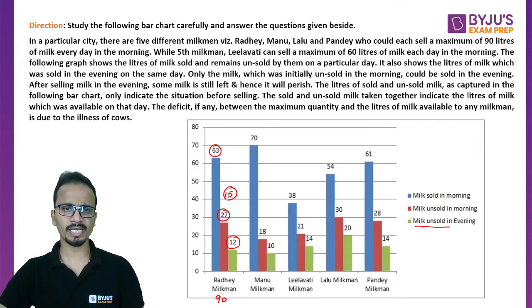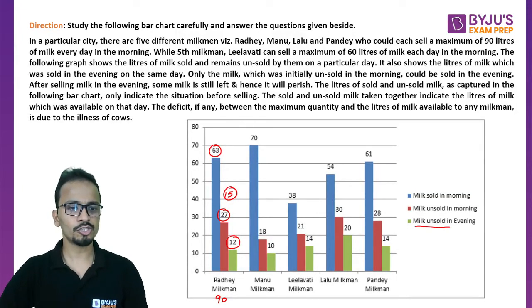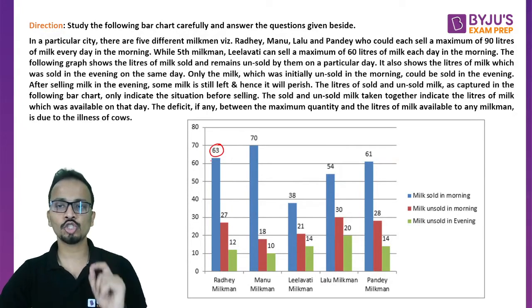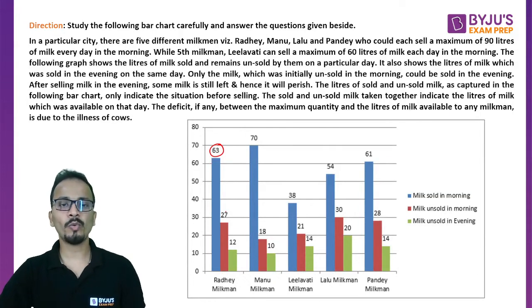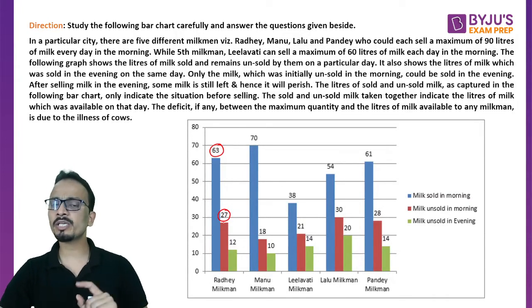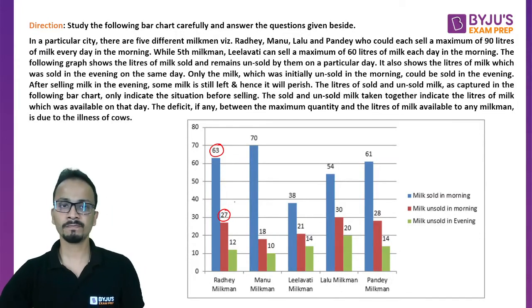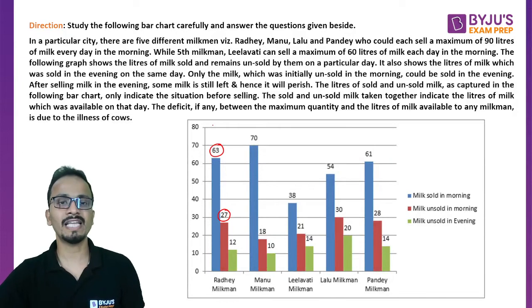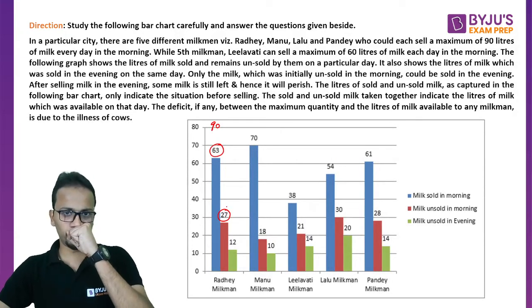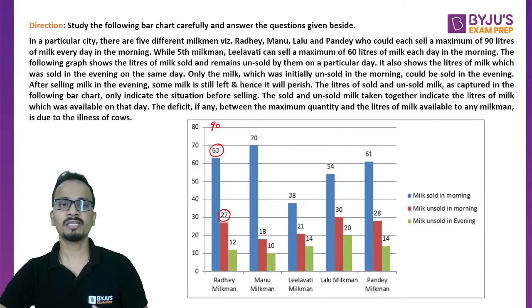I'll go over it once again. 63 liters is the total milk that is sold in the morning. 27 is the total milk that remained unsold in the morning. So that means उसके पास morning में कितना milk था total? 63 plus 27, that is 90 liters. So इसके पास 90 liters milk था morning में, right?